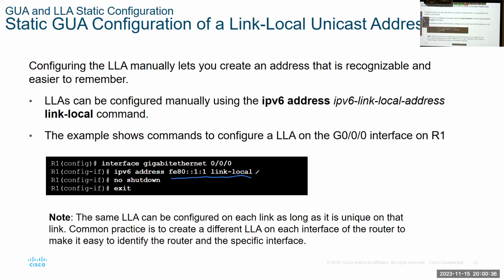So I think if you leave it out, it'll say that this requires link-local. It's like, well, then why don't you put it in? I don't know. I really don't understand why they required you to put that in when FE80 right there spells it out that it's a link local address. But anyway, they do. So you've got to remember to put that in there.